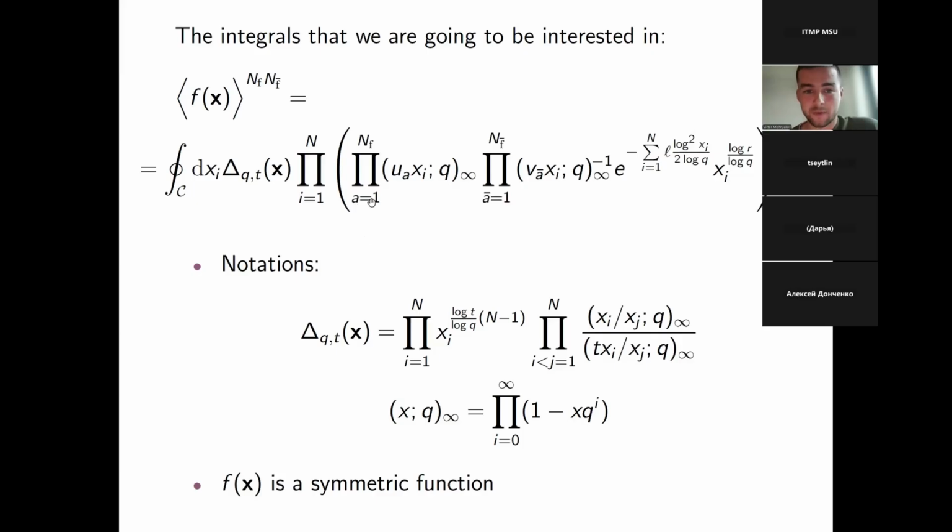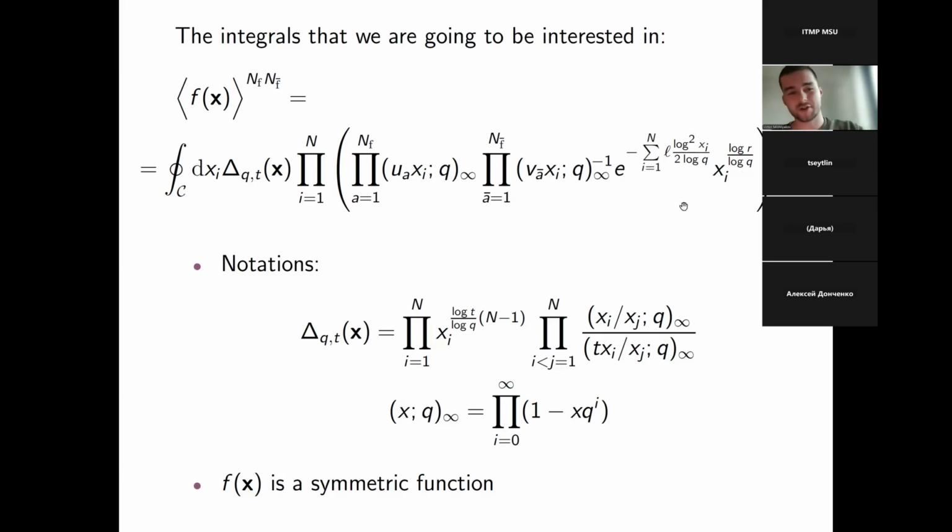Here we have first a product over these Q-Pochhammer symbols, which are defined over here, for those that are not familiar with these notations. The Pochhammer symbols in the numerator have parameters UA, with a sum over A from 1 to NF. Then there are some Q-Pochhammer symbols in the denominator with parameters V, A bar, with A bar going from 1 to NF bar. And then there's an exponent of log squared, and an extra term xi to the log r over log cubed.